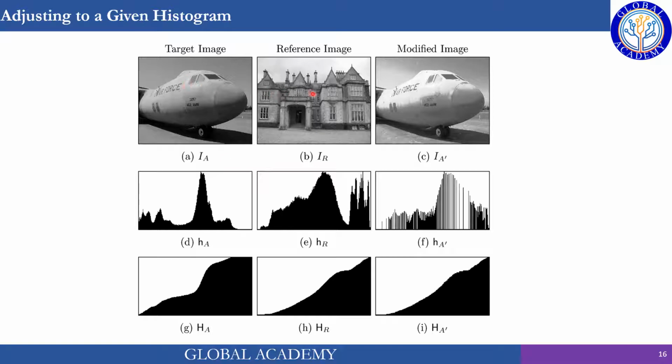So that's the target image, that's the reference image. So you can observe that the cumulative distribution of the modified image perfectly matches the cumulative distribution of the reference image, though there is a little mismatch in their histograms, but their cumulative distributions are perfectly matched.